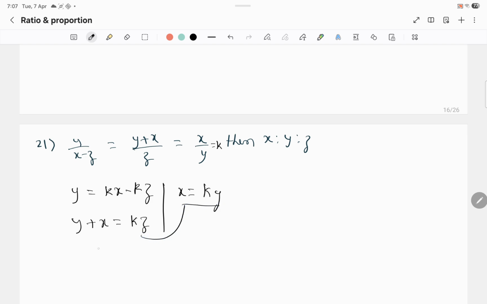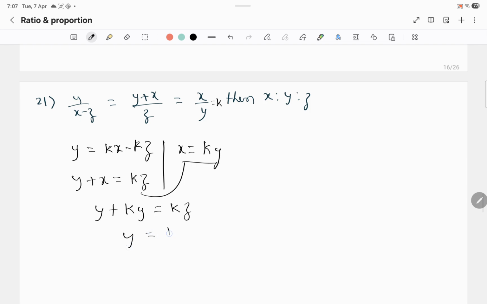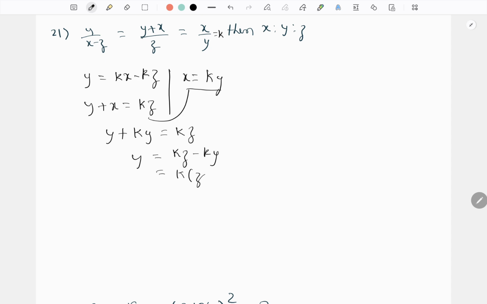So if I substitute this here, y plus ky is equal to kz. Taking k common, bringing k's to one side and variables to the other side becomes easy maybe. So take out y common: y into (1 plus k) is equal to kz. So now y by z is equal to k by 1 plus k.